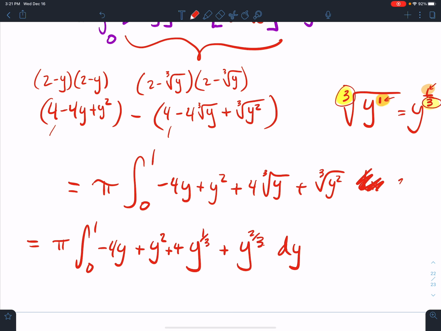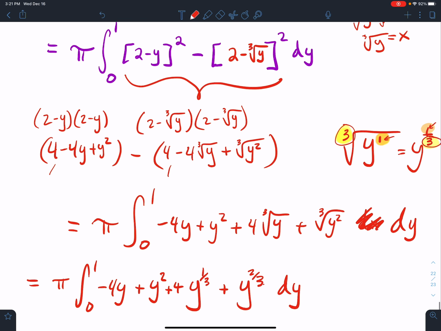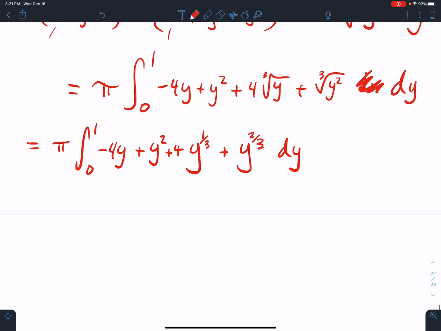Okay, dy. Ooh, I wrote dx here, sorry about that. That should be dy. Now whenever I integrate, I'm going to add 1 to the exponent, so minus 2y squared. That's what happens there. You can go through the math to check that. Then plus y cubed over 3, plus, well, if I add 1 to 1/3, I get 4 over 3.